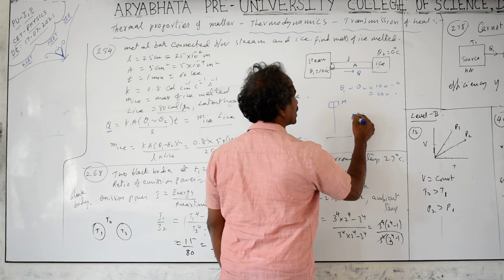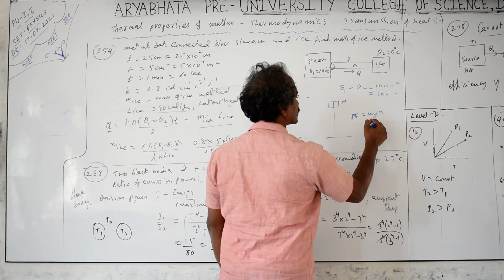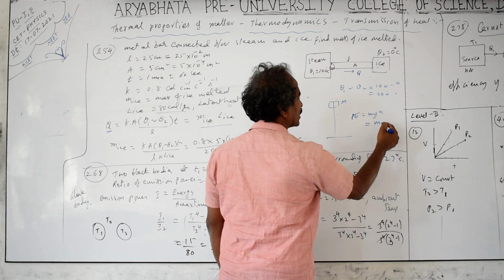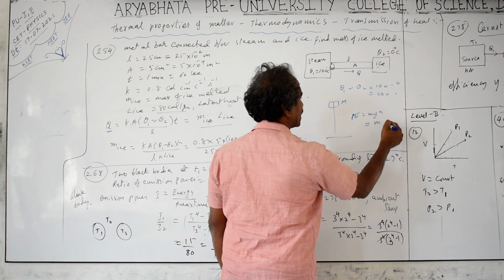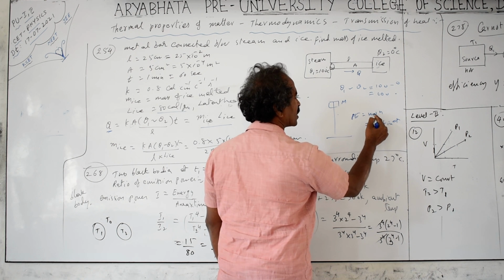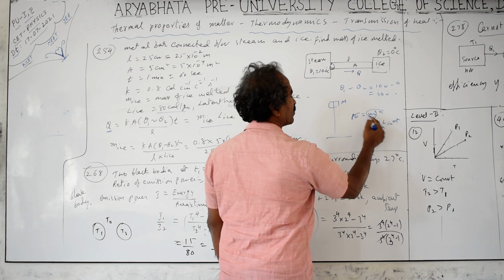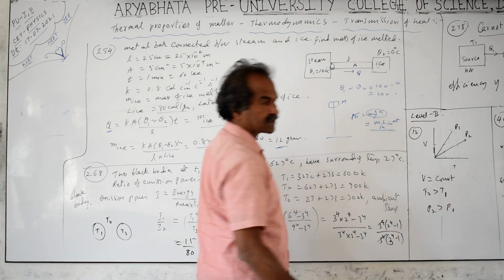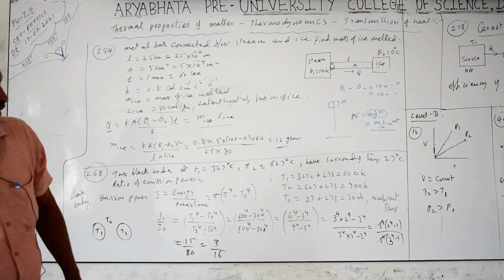So potential energy mgh equals heat energy, M ice into L ice. M is the total mass, and M ice is the ice melted from it. If the total ice melted, both masses are equal.